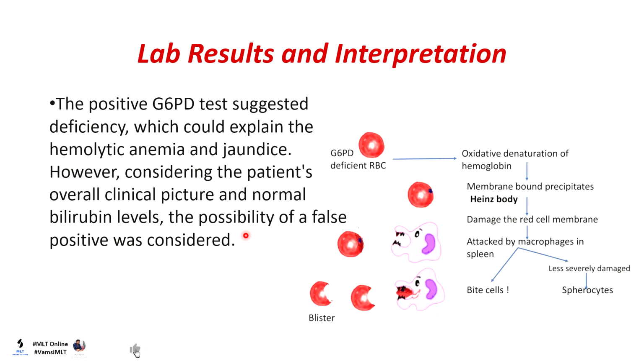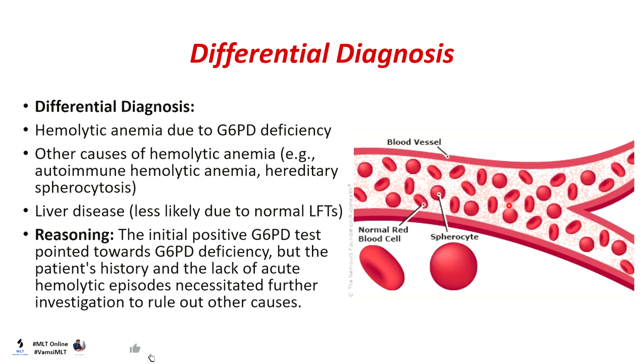So, apart from the G6PD test, we also checked the peripheral blood smear of the patient. In G6PD deficiency, there will be presence of Heinz bodies, bite cells and spherocytes. But surprisingly, the patient didn't show any bite cells, spherocytes or Heinz bodies, indicating this might be a false positive in this case.